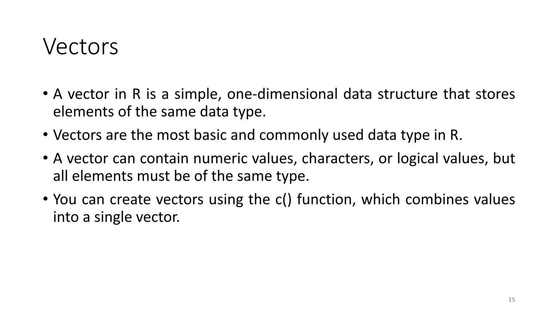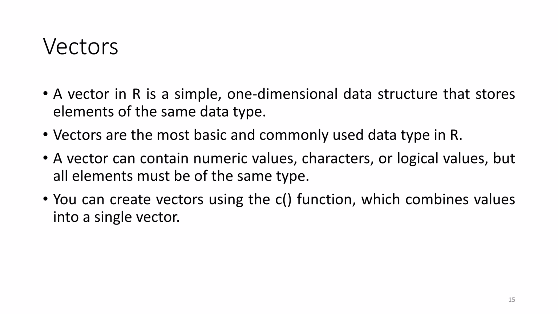A numeric vector stores numbers. For example, numbers = c(10, 20, 30, 40) creates a vector containing 4 numbers. A character vector stores text values.